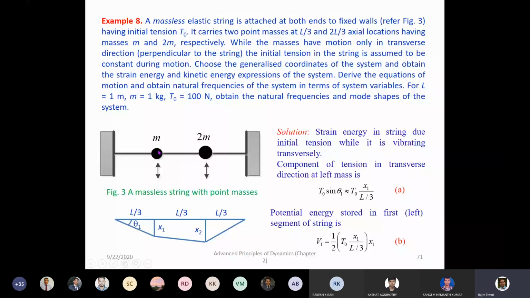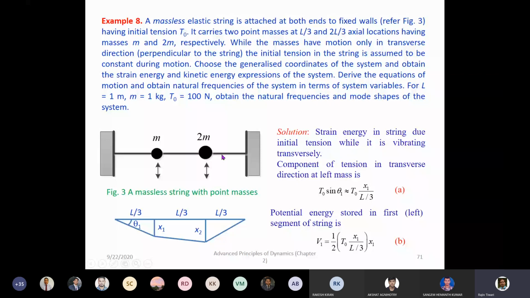But if it has some tension, then if you disturb it, it will vibrate transversely. We want to know the natural frequency of the system, so for that we need the governing equation or equation of motion. Here the stiffening effect comes from the initial tension, unlike in the spring case, where the elasticity is there.